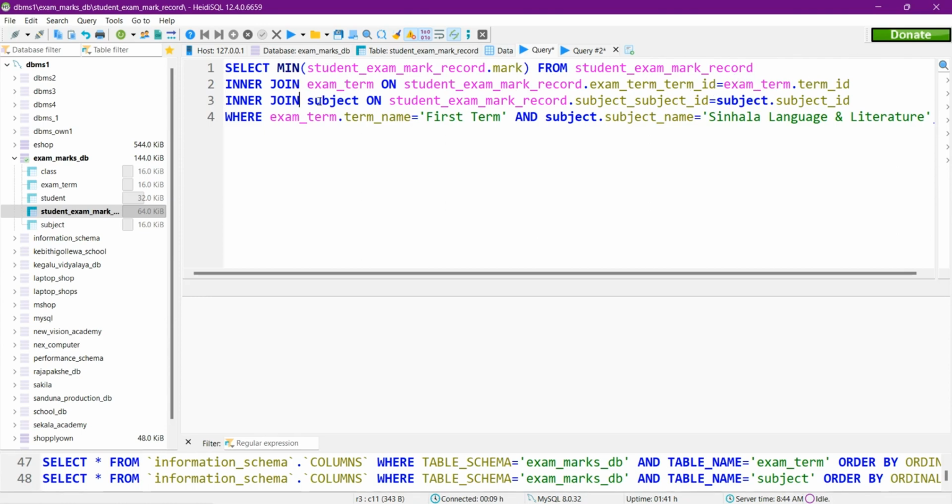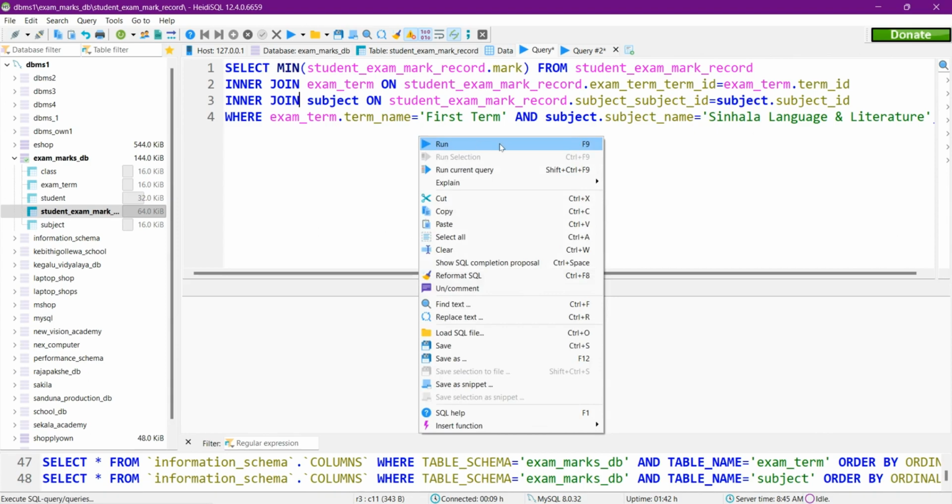After that, I joined the subject table because we need to find the related subject, connecting it with the student exam mark record table. Finally, I gave 2 conditions using the WHERE clause: the term name should be first term and the subject should be Sinhala language and literature. So this is the query for the first question.